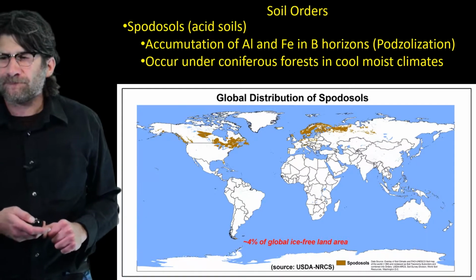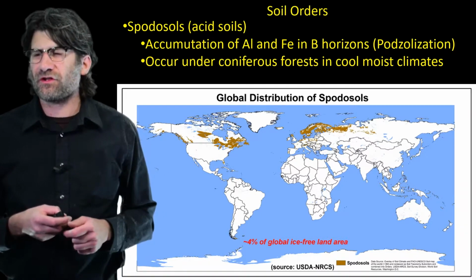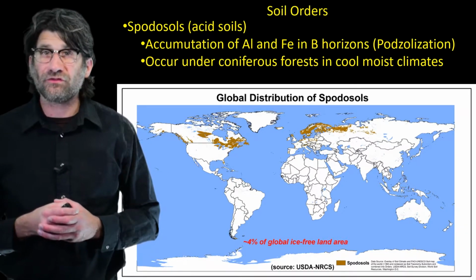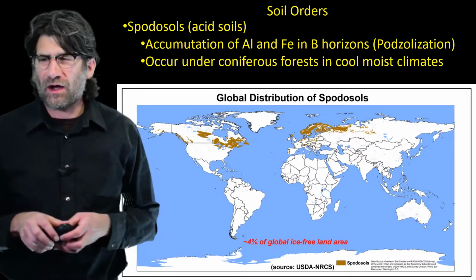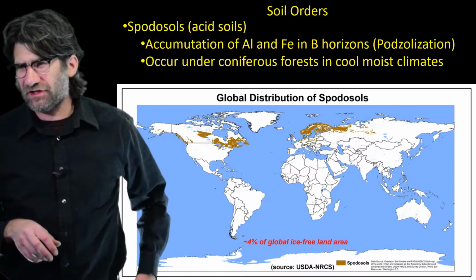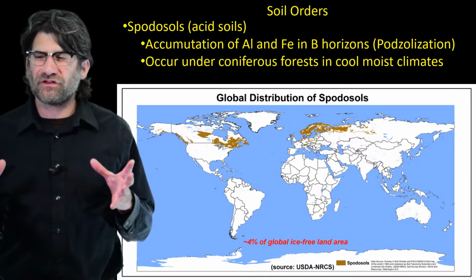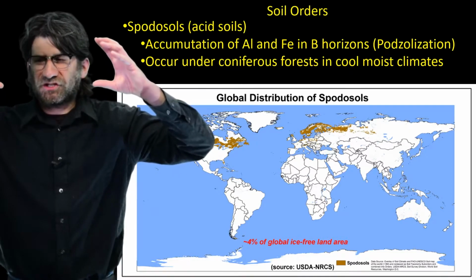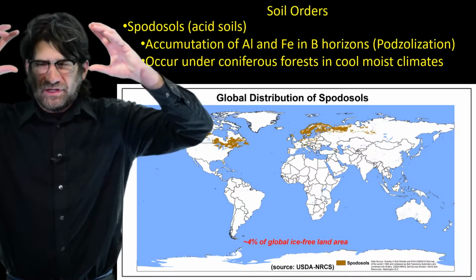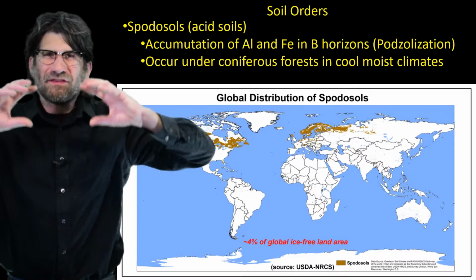Okay, moving on from histosols, we have our spodosols. Another word for these is acid soils, and the key feature here is something called podzolization. What that is, you can actually get the accumulation of iron oxides and aluminum oxides down in the B horizon.